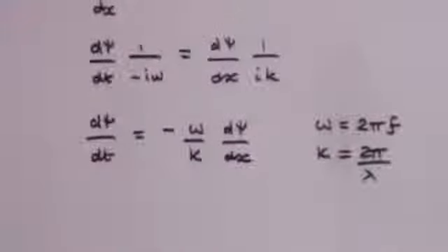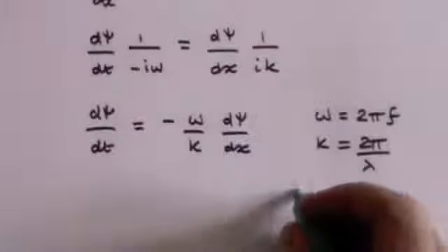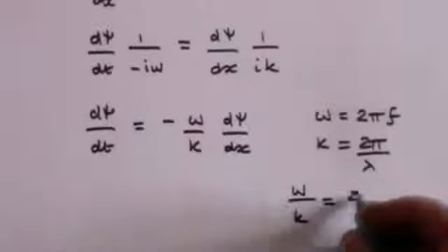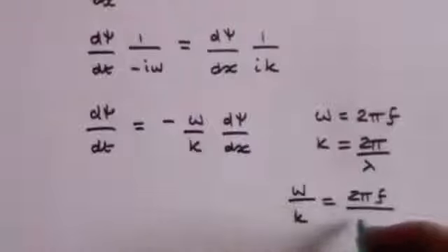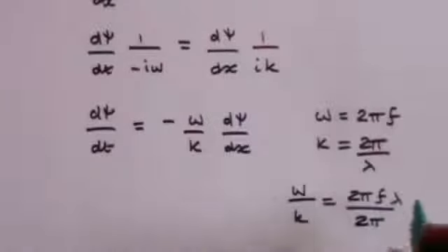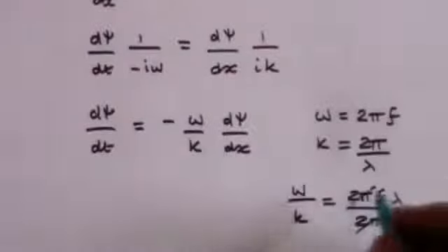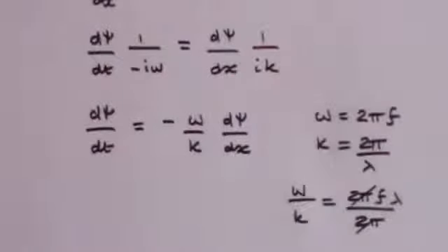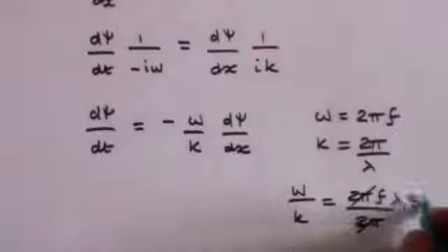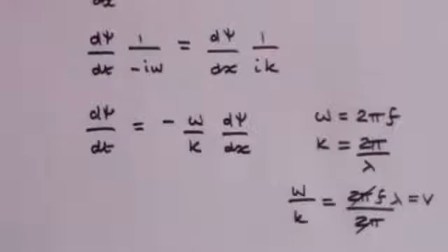Those are the definitions of those two terms. So omega over k is going to be 2 pi f divided by 2 pi over lambda. The 2 pi's cancel, and so you've got omega over k is the frequency times the wavelength. And what is that? Well, that is one and the same thing as the velocity.